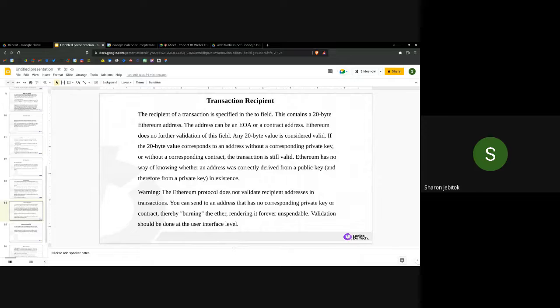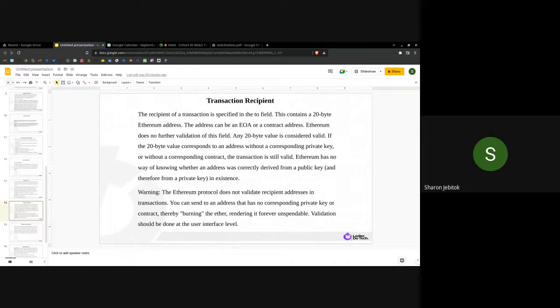Even if someone has an address and they have lost their private key, the account still has the private key. It's only that the person cannot access it.